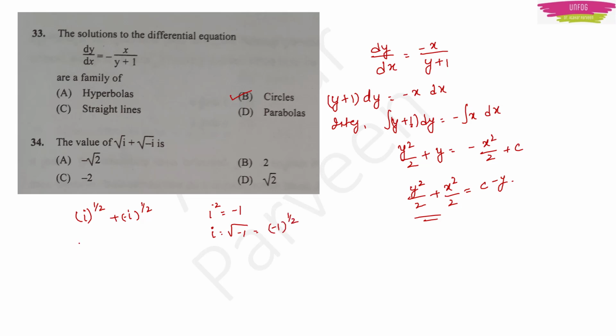So minus 1 to the power half plus minus 1 to the power half. Whatever it is, it will be 1 plus 1 because all even numbers of minuses are there everywhere. So it will be 2. Option B should be the right answer.